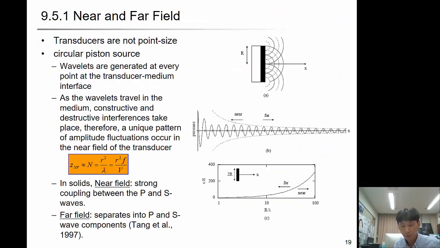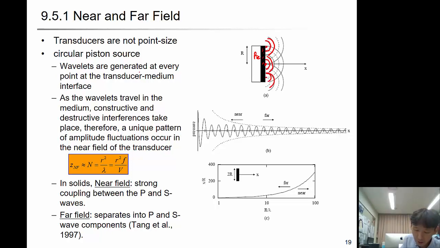So here, if this is the piezo and this is the backing material, every point will create this half spherical wavefront, right? And here also, and here also. And then what will happen?